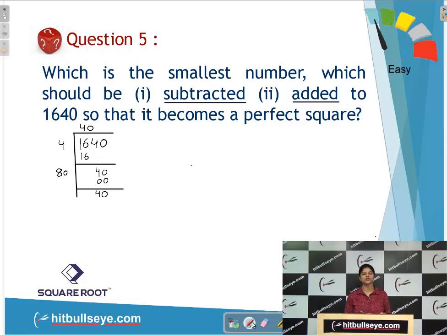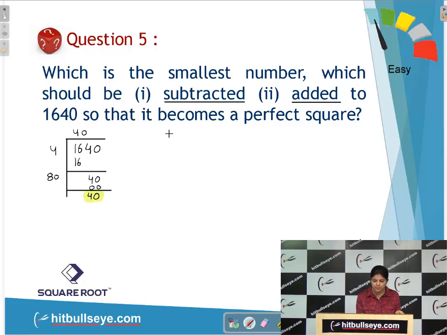Now here I stop because the division has not terminated completely. Instead, we have found a certain remainder. So in the first part of the question, friends, when we have to answer what needs to be subtracted, we subtract the remainder itself.